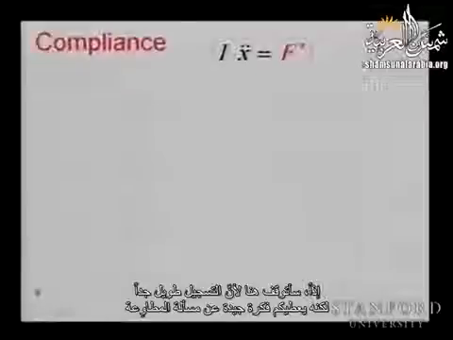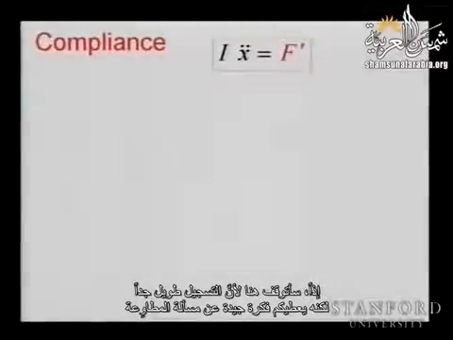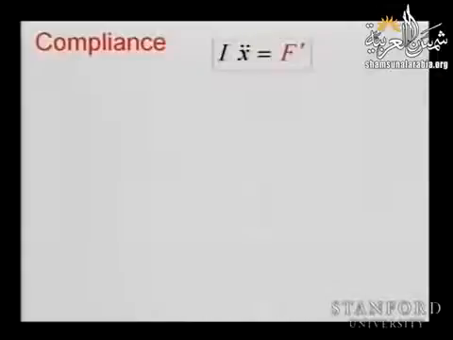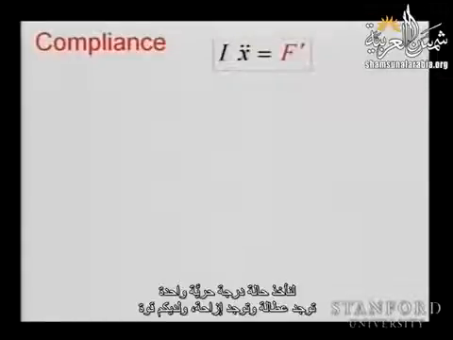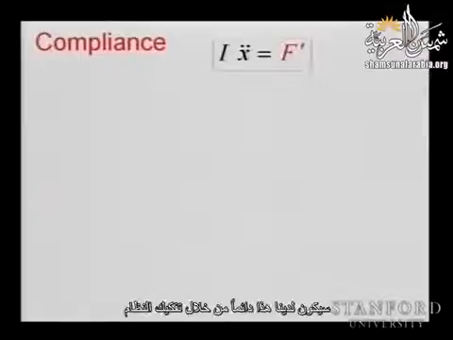The tape is very long, but let's just give you an idea about the issue of compliance. So let's just take a case of just 1 degree of freedom. You have an inertia, some displacement, and you have a force. And we come to this all the time by decoupling the system.